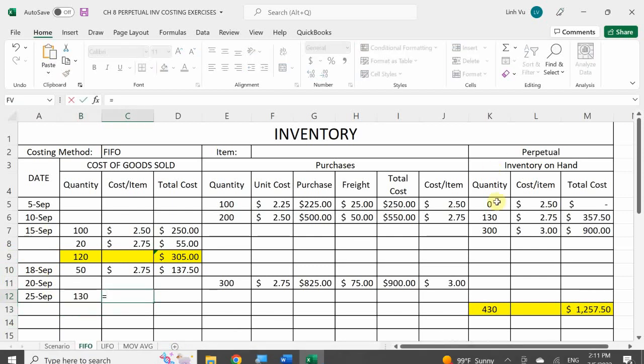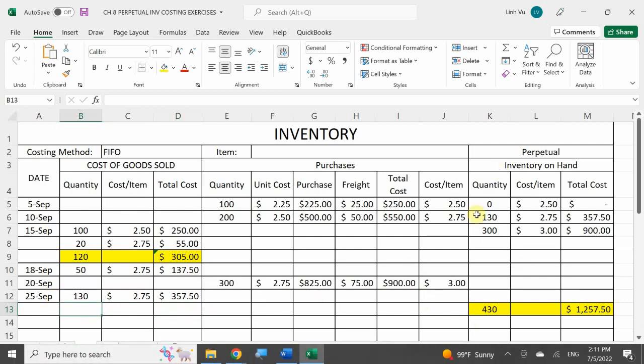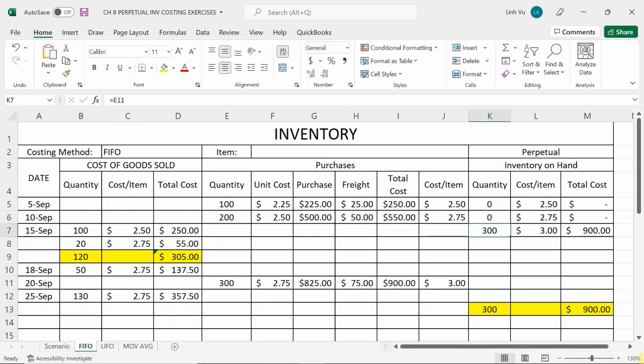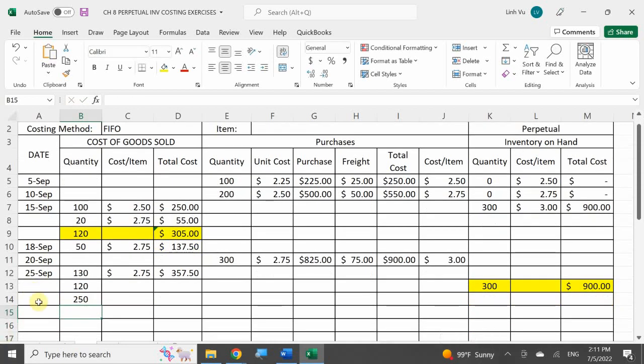Getting rid of this batch will cost me $357.50, which eliminates the 130. How much more do I need to sell from my last batch of inventory? 120. That gives me the grand total of 250.